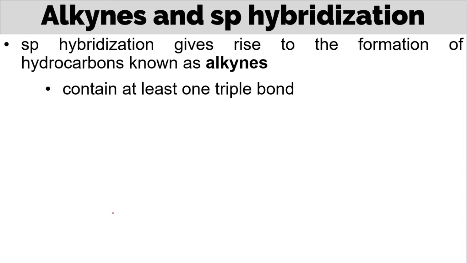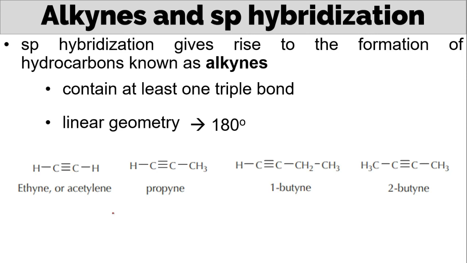Alkynes contain at least one triple bond and have linear geometry around the carbons comprising the triple bond. Therefore, the ideal angle between the sp hybrid orbitals is 180 degrees. Some examples include ethyne, propyne, butyne, and 2-butyne.